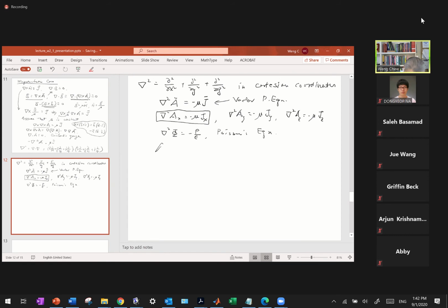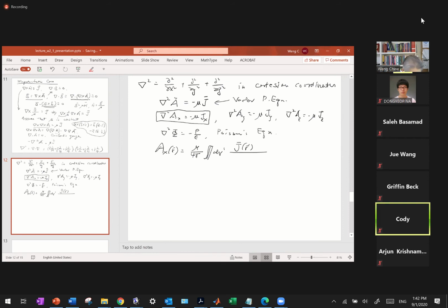to say that Ax of r is equal to mu over 4 pi integral dV prime, sorry, not J of r prime, it should be J sub x of r prime, over the magnitude of r minus r prime. This is just a use of the solution that we had in solving Poisson's equation.